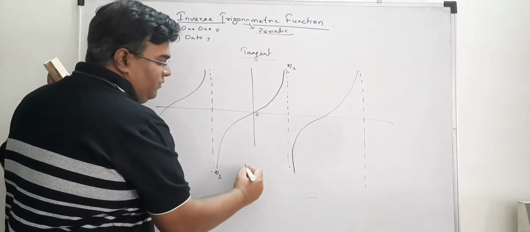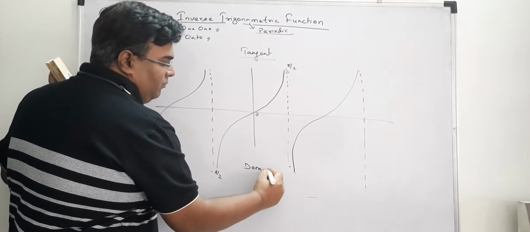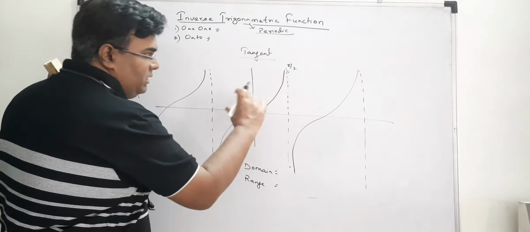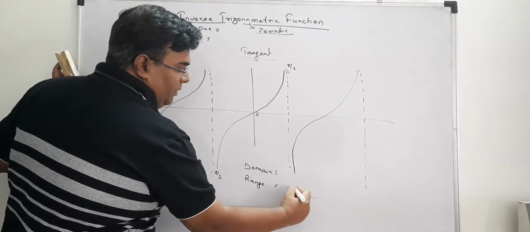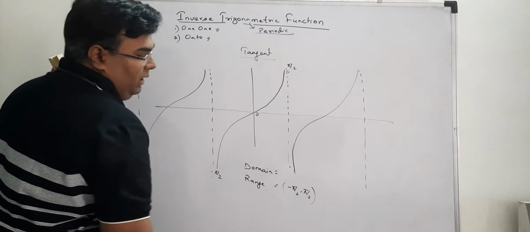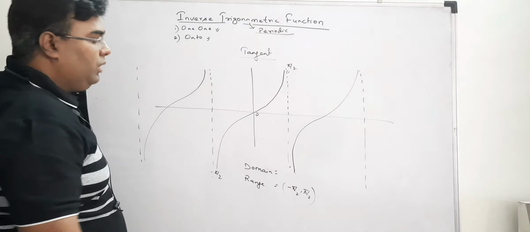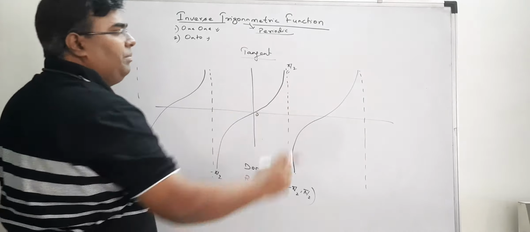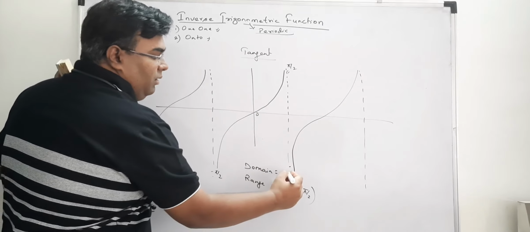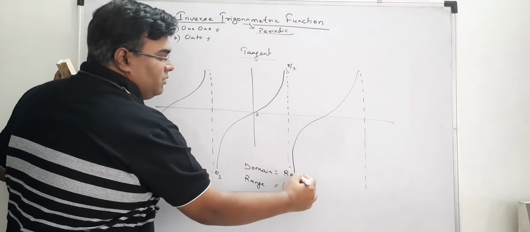So domain of this function, range is angle, so minus pi by 2 to pi by 2. Now here we need to note this thing, that this is an open interval. We cannot take minus pi by 2 and pi by 2 because tan is not defined there. Domain, all real numbers.